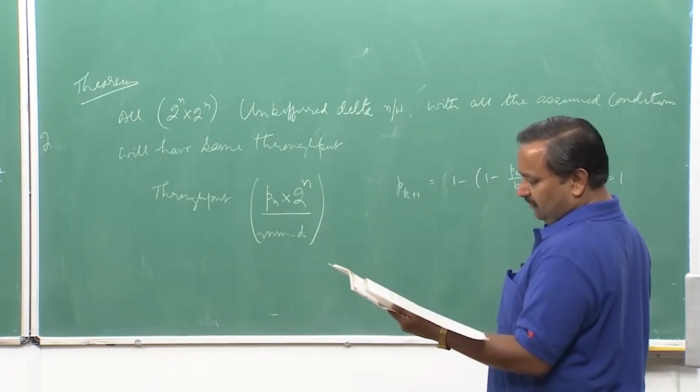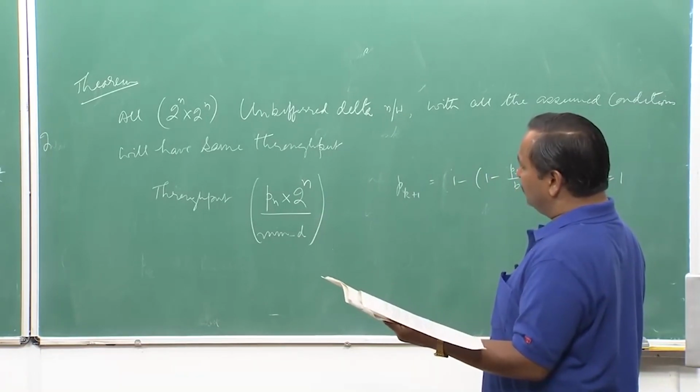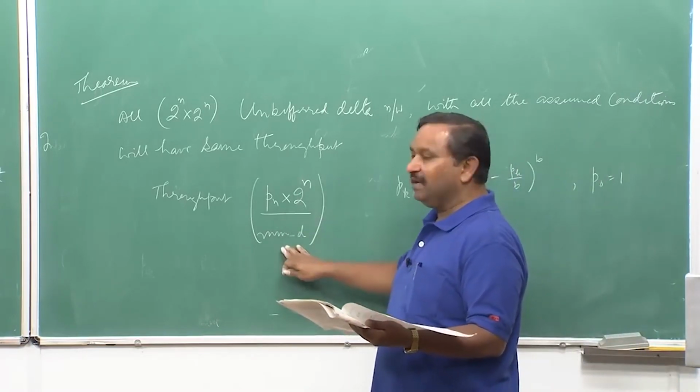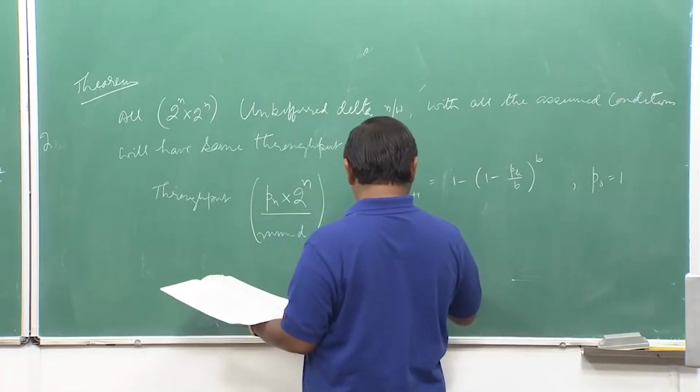And of course, the normalized throughput will be whatever is the maximum possible throughput. So, when P n is 1, there is the max 2 raised power n by min d, which is the maximum throughput. So, P n will become the normalized throughput.